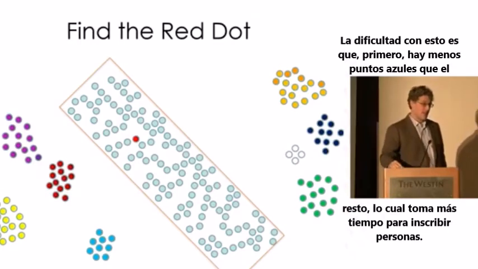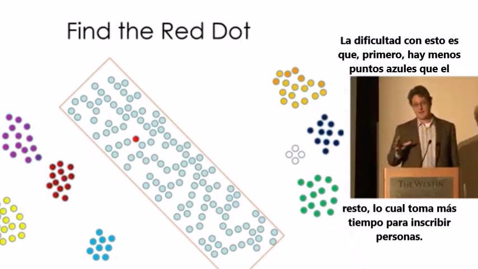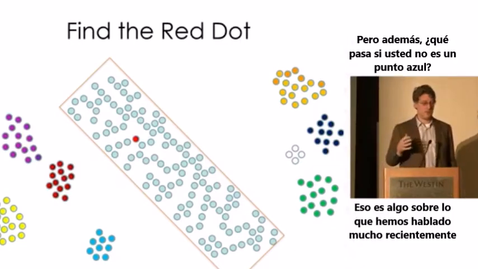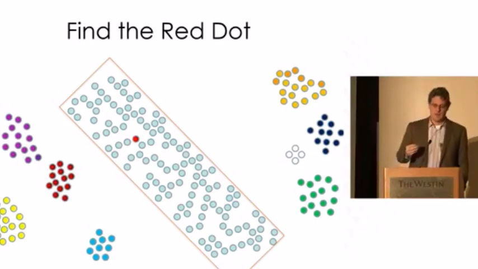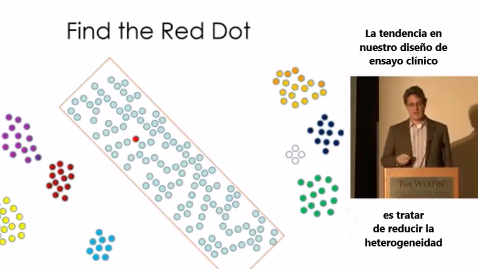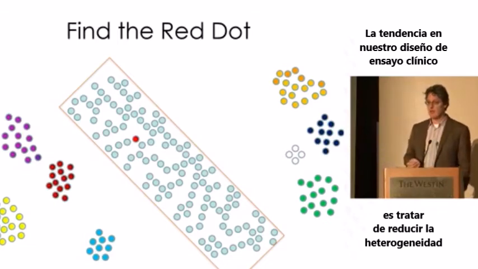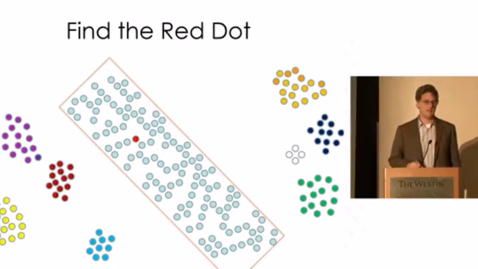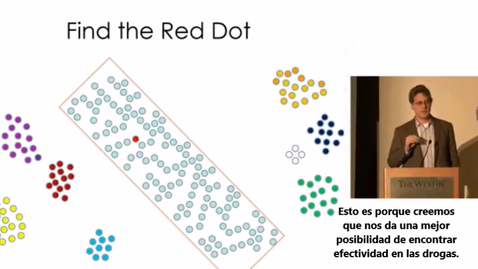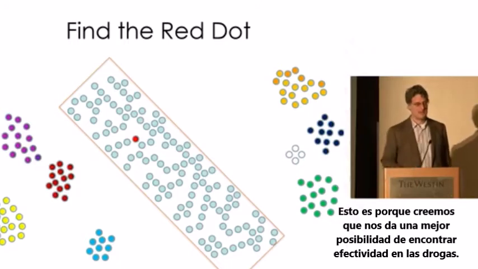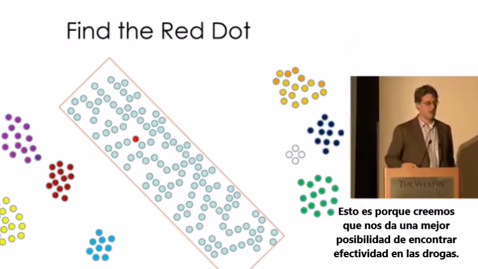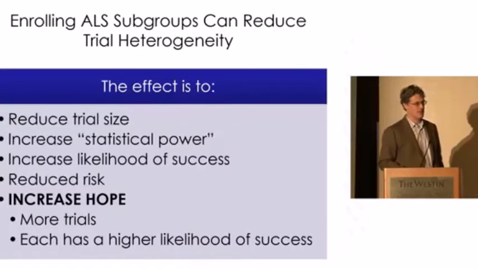The difficult thing about this is that, number one, there are fewer blue dots than there are all dots, and so it takes longer to enroll. But also, what if you're not a blue dot? I think that's something that we've been talking about a lot recently, because the trend in our clinical trial design is to try to reduce heterogeneity, because we think this gives us a better chance of finding effectiveness in drugs.